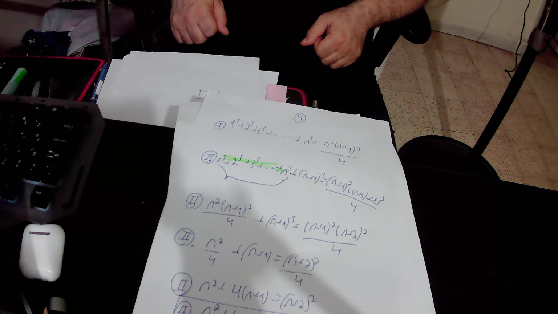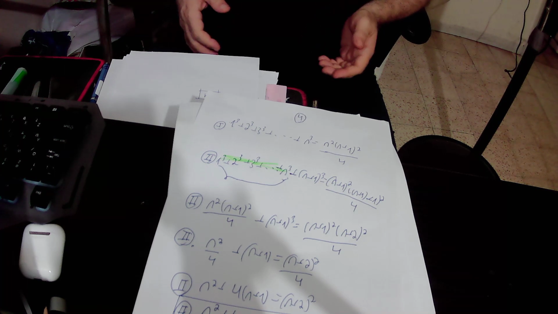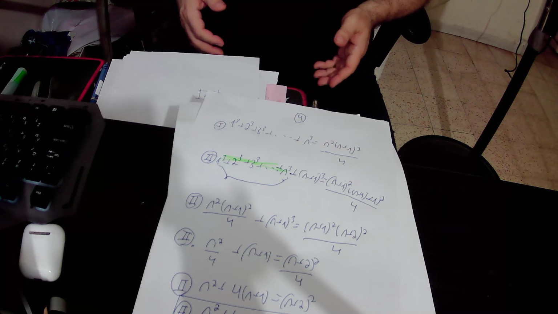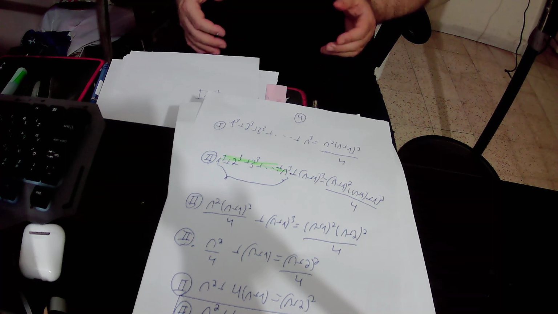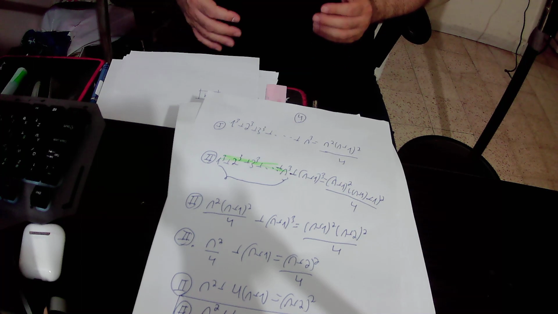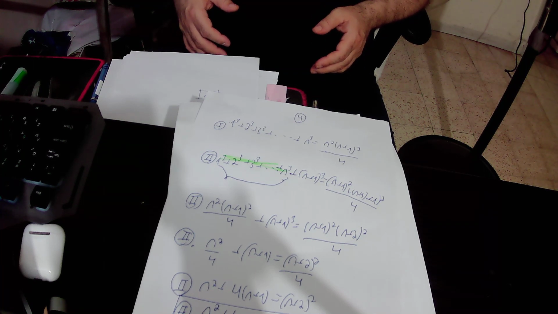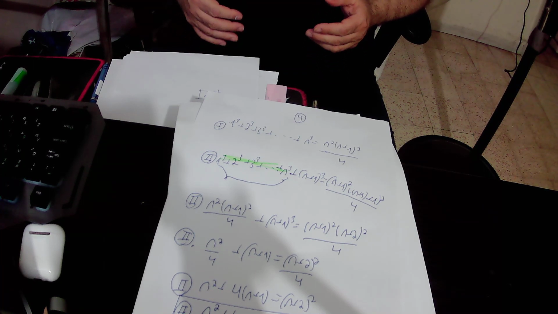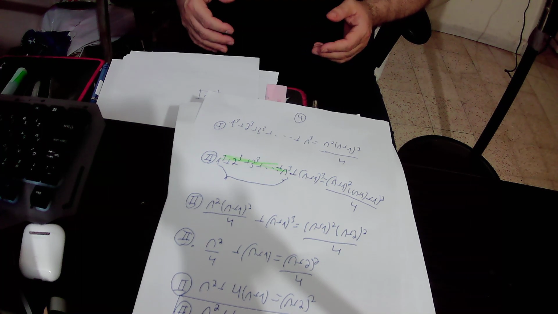In the first stage, we check if the statement is true for n equals 1, and if it is indeed true for n equals 1, then we will move to the second stage.